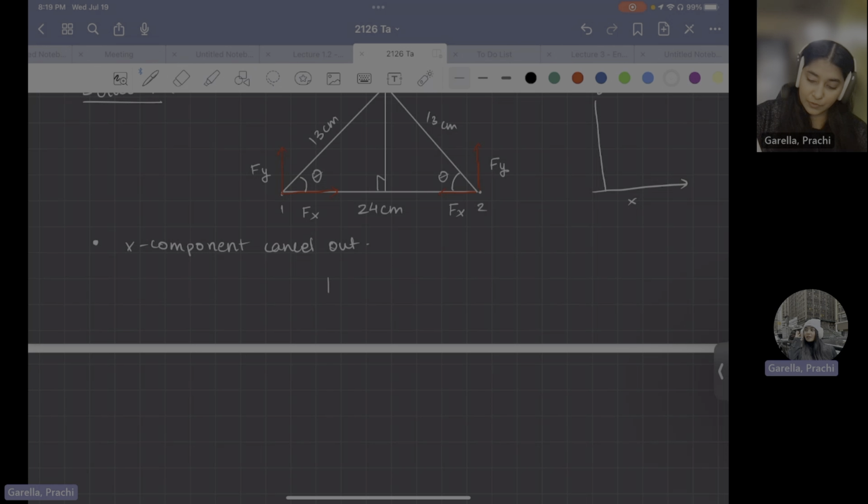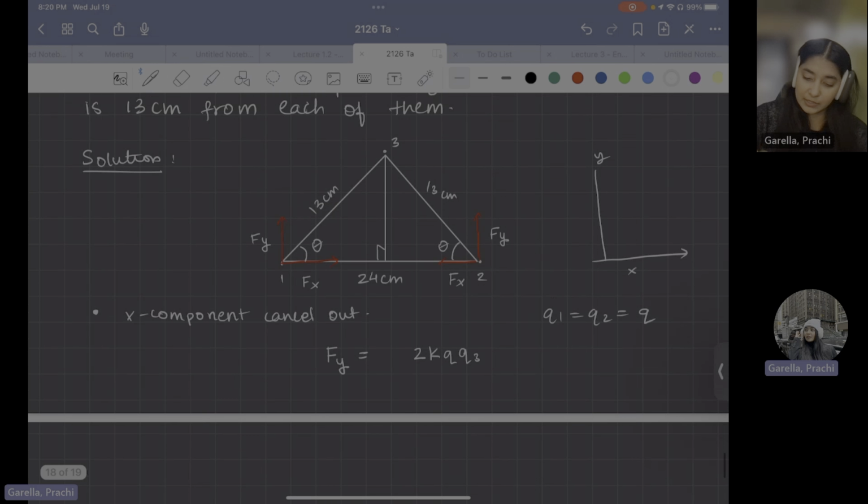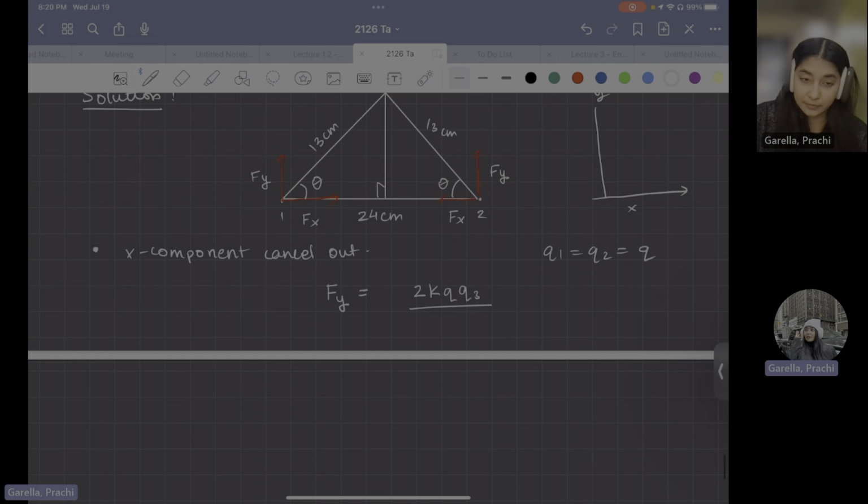So the total force along y will be 2k q q3, where this 2 comes from both of these, and we're calling q1 equal q2 equal q, and q3 is this one, sine theta, because it's the y component, over r square.